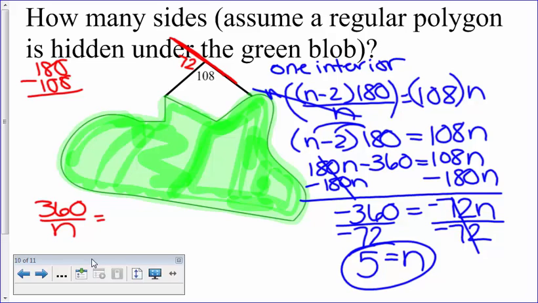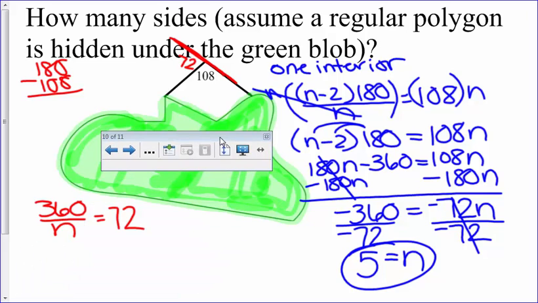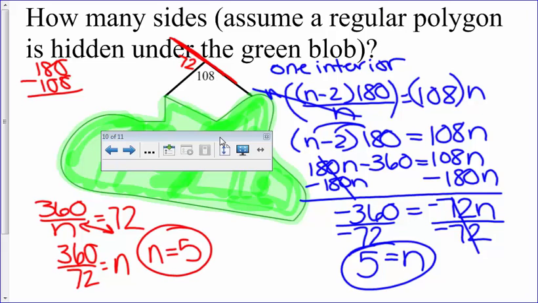I just found out that that one exterior angle is 72 degrees. And just like that former problem, all you've got to do is switch places. So you get 360 divided by 72 equals n, which we just found, n equals 5. A lot shorter, a lot easier. It's a lot of work to do with the one interior angle, but you can still do it either way.